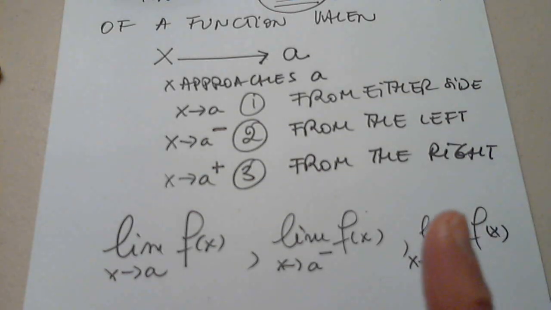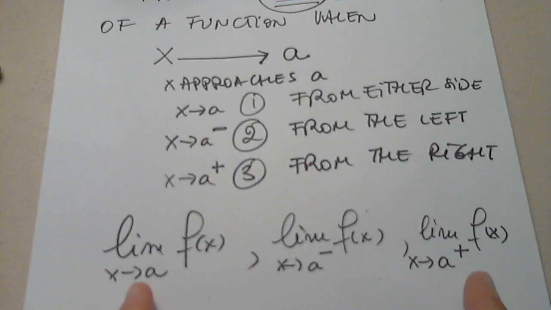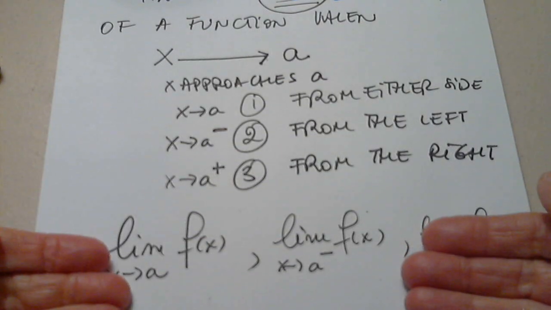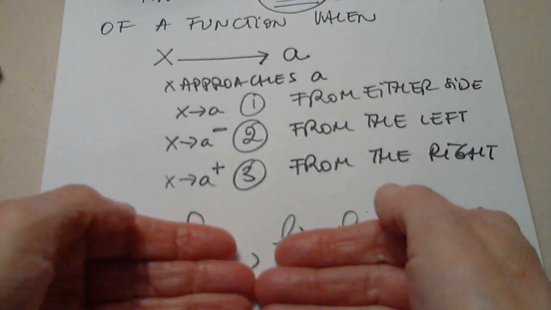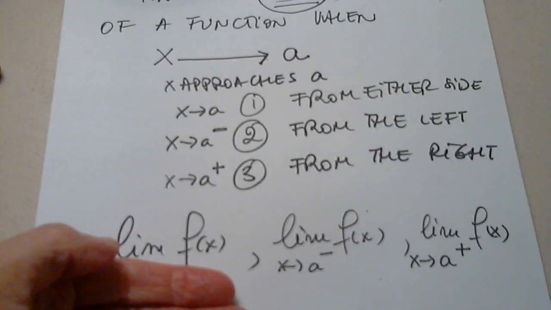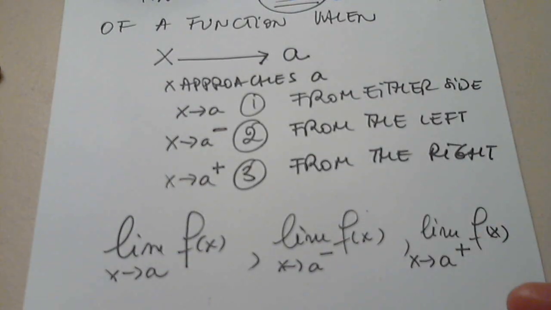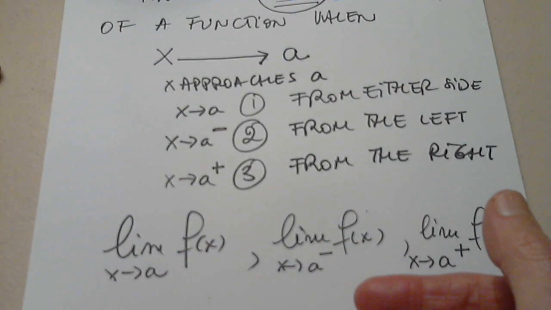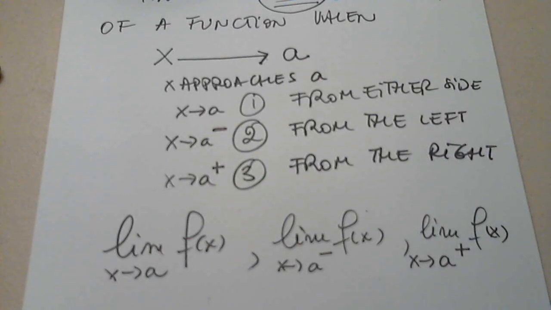So I have 3 possibilities to look at the tendency or target, not the value: when x approaches a from either side, from the left, or from the right.